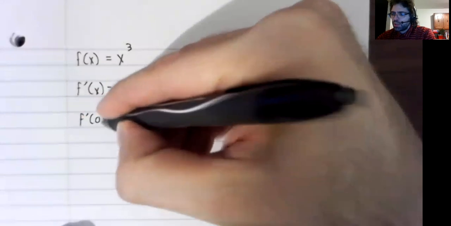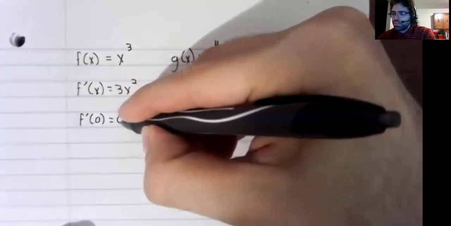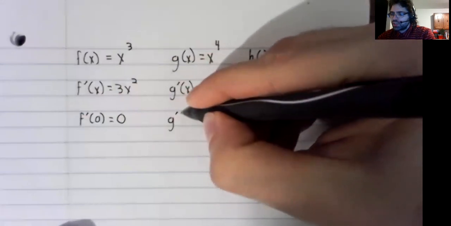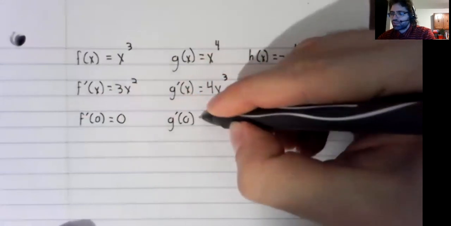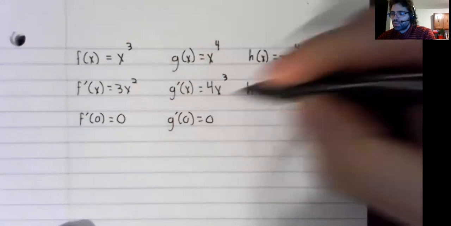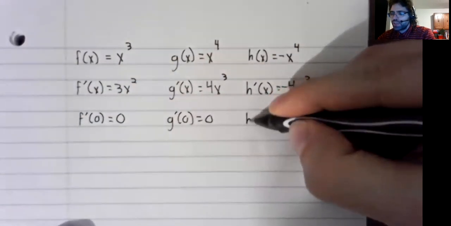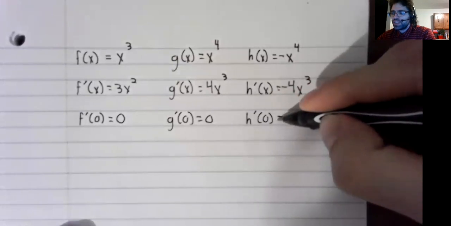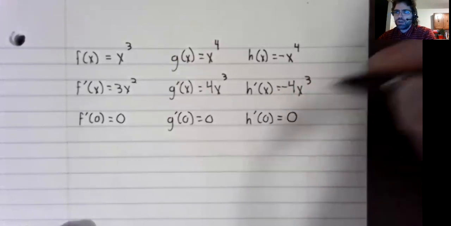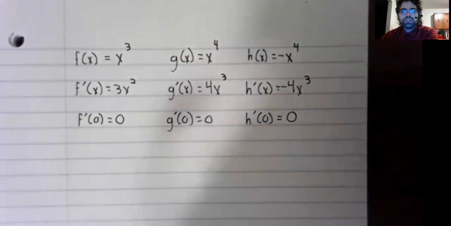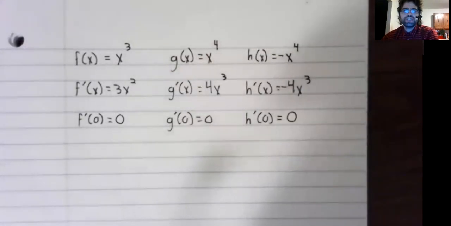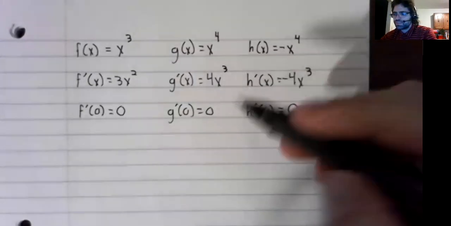F prime of 0 equals 0, g prime of 0 equals 0, h prime of 0 equals 0. So 0 is a critical value in each of these cases.